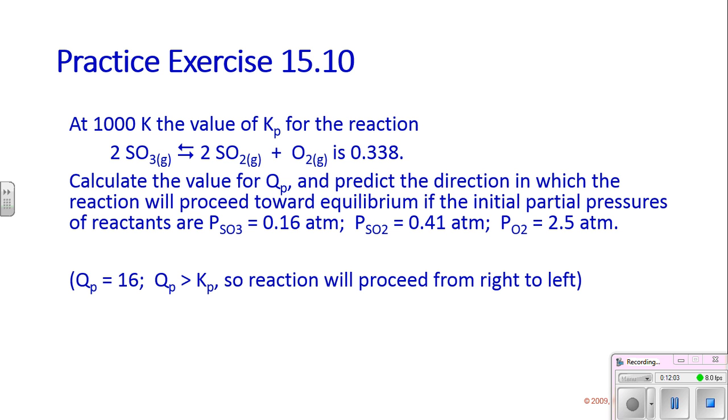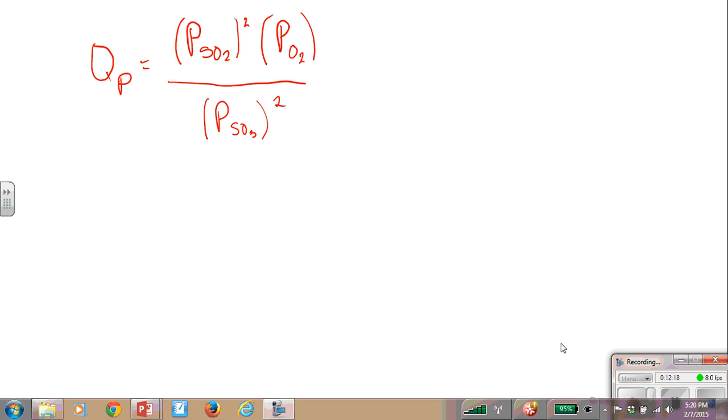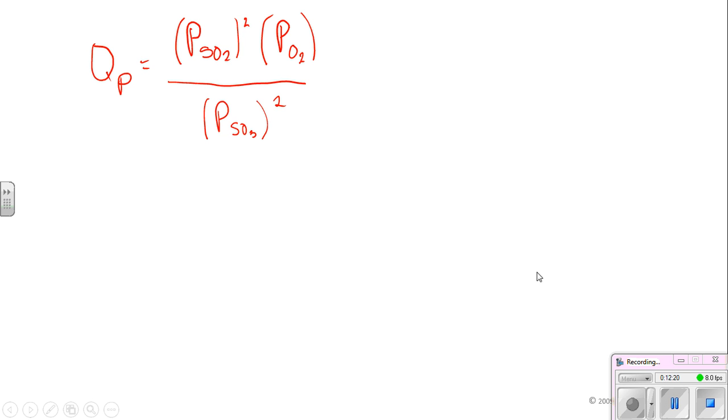So I just quickly want to look at how we would set this one up. It's very similar. The first thing we would need to do is write our equilibrium expression for this. So this is what the equilibrium expression would look like. We have the partial pressure of SO2 squared times the partial pressure of O2 over the partial pressure of SO3 squared.